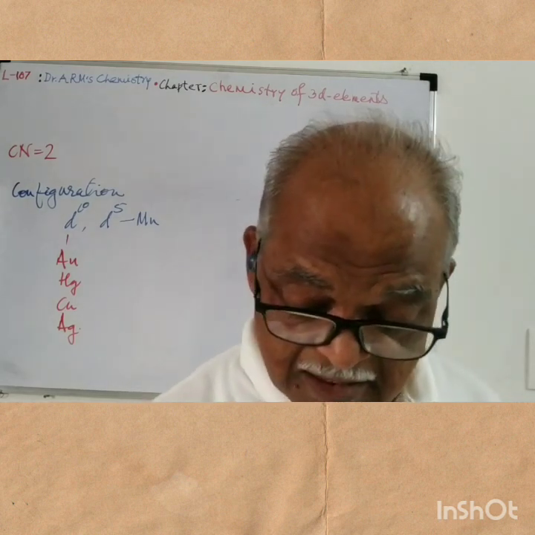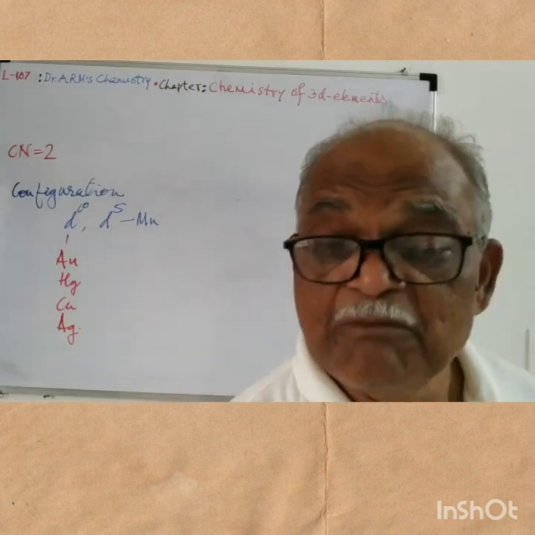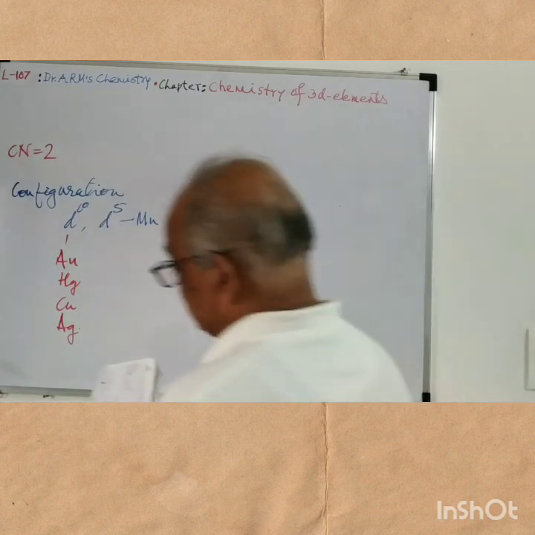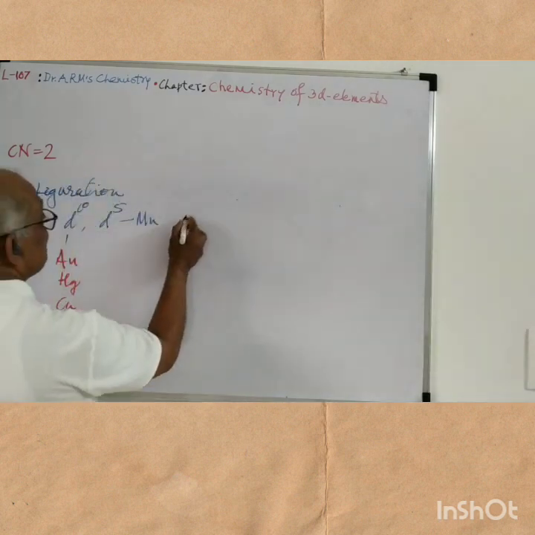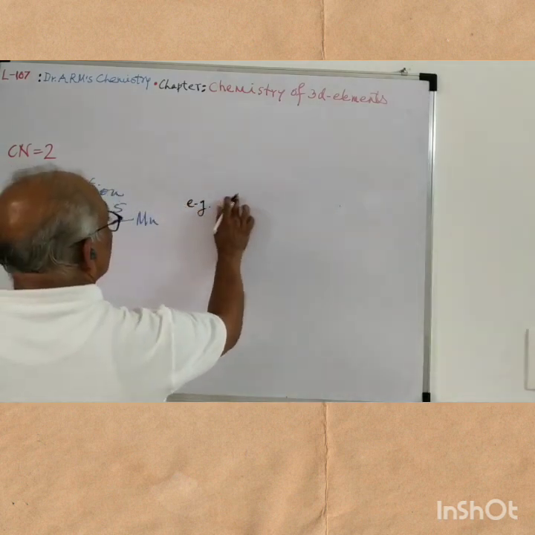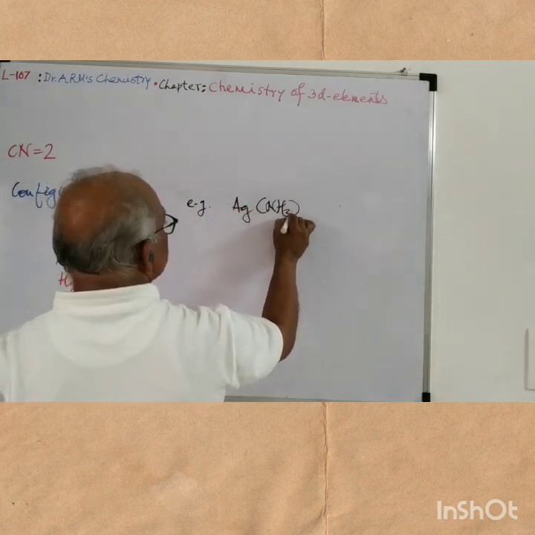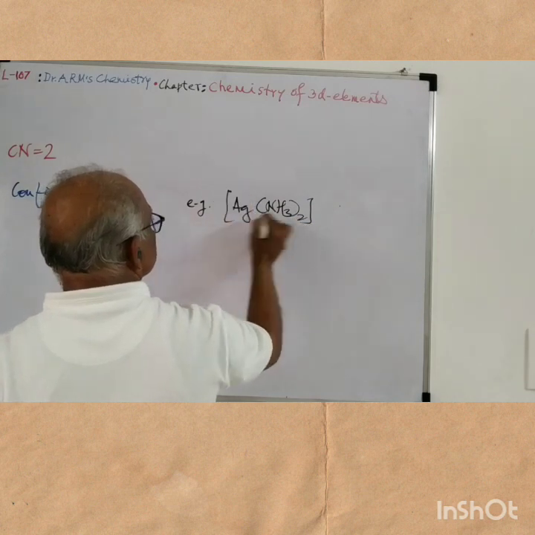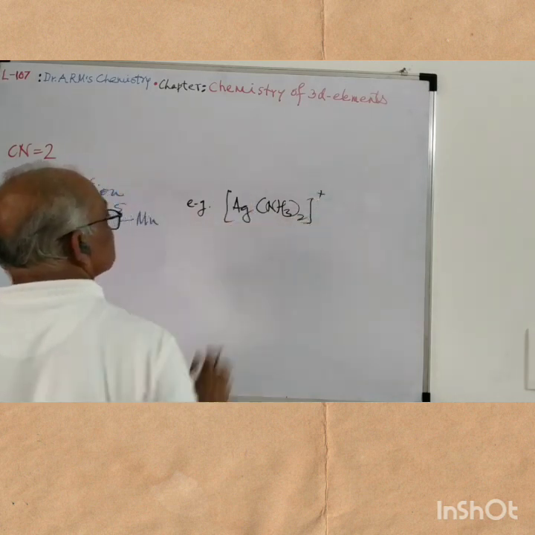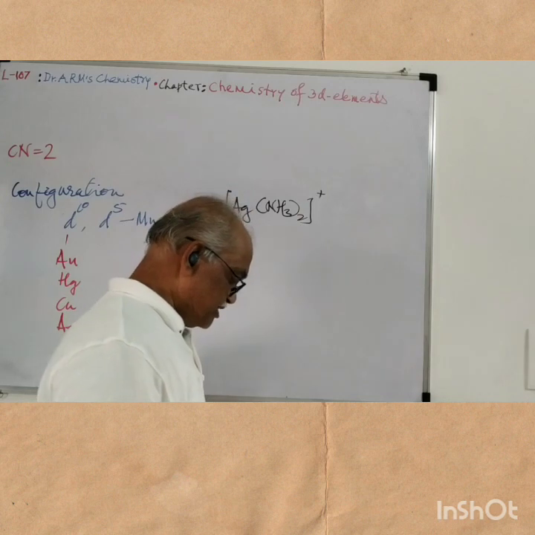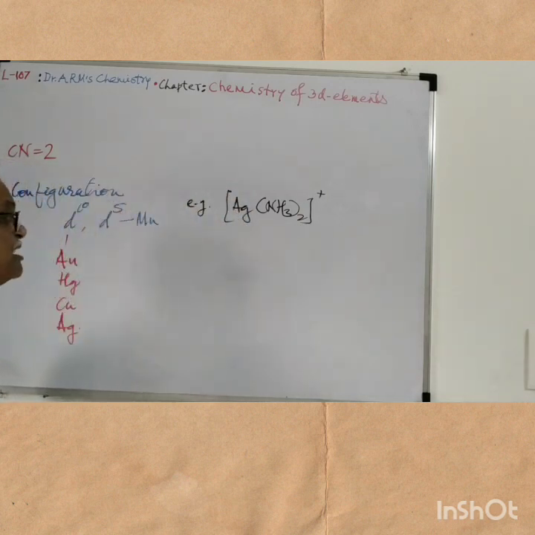The simple complexes found are like this, for example Ag(NH3)2 plus.